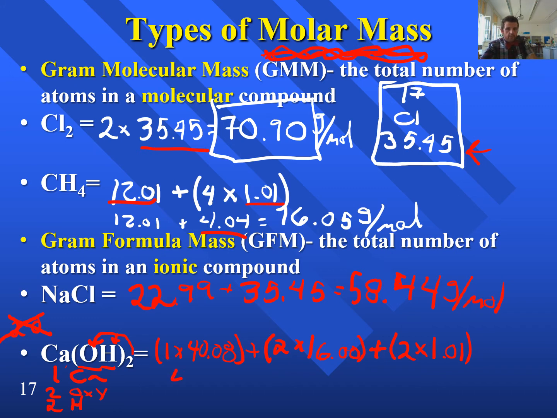So I end up with 40.08 plus 32.00 plus 2.02, and I'm going to add them all up, and I would get an answer of 74.10 grams per mole.